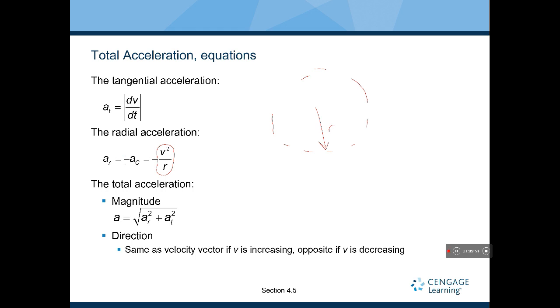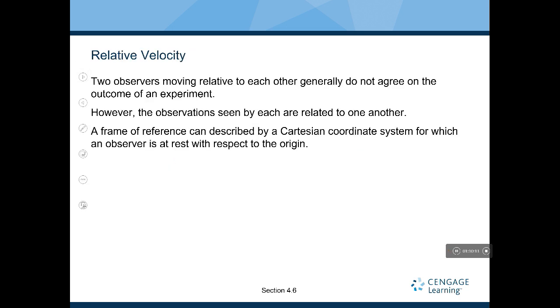Inwards, which is why this negative is technically here to cancel the negative on R. Does that make sense? You can easily solve that by just saying, hey, towards the center is positive. Done. You're all set. And like you see here, Pythagorean theorem and direction, inverse tangent, and all that fun jazz. Relative velocity.